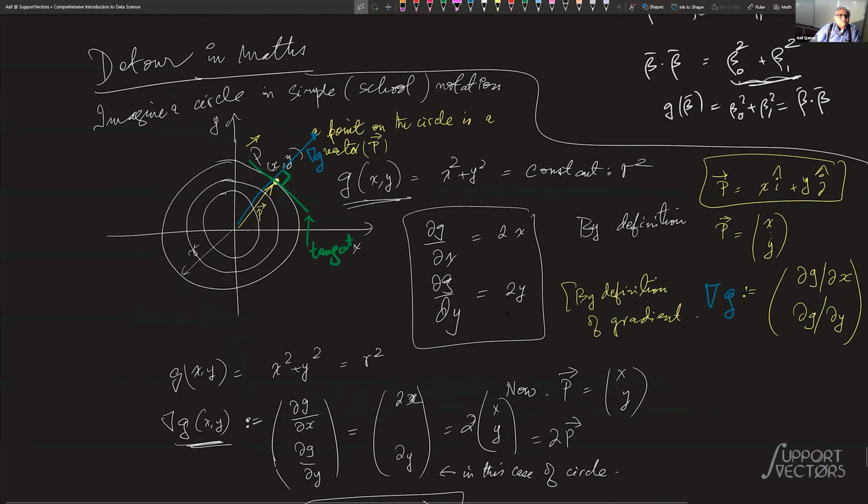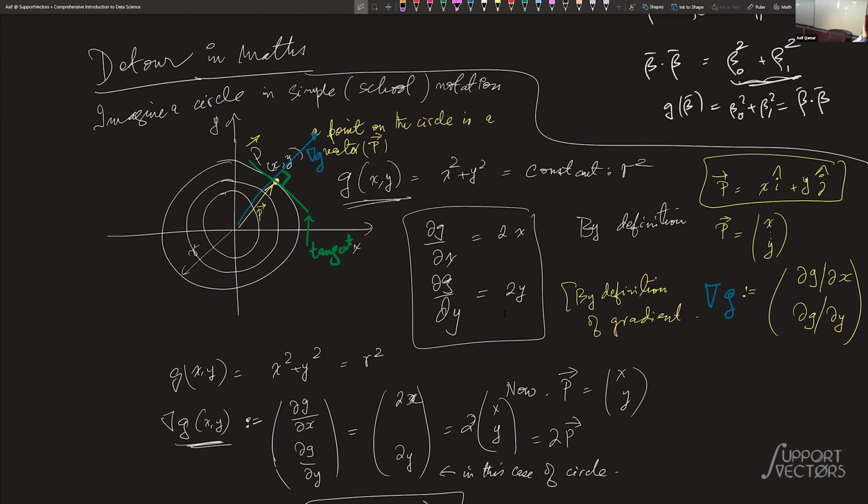Now, notice that first it is perpendicular to the circle. What is the circle? Circle is the contour. It is the set of points at which r squared, the constant, remains the same, isn't it? So it is perpendicular to that.